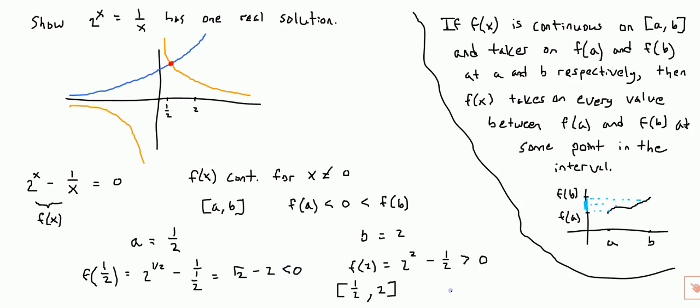And since it takes on 0, that means that 2 to the x minus 1 over x is equal to 0, which means that 2 to the x equals 1 over x. Now we don't need to find what value x would be for that to be true. The problem just wants us to show that there is one real solution. And that's what we've done. We used the intermediate value theorem on this interval to show that f of x, 2 to the x minus 1 over x, has to take on the value 0 at some point. Okay?